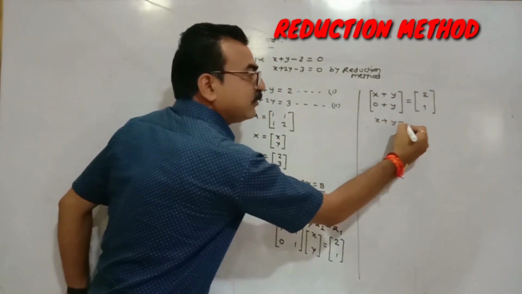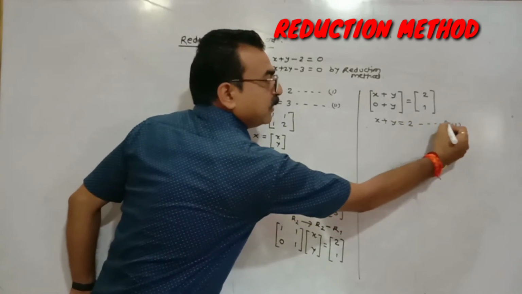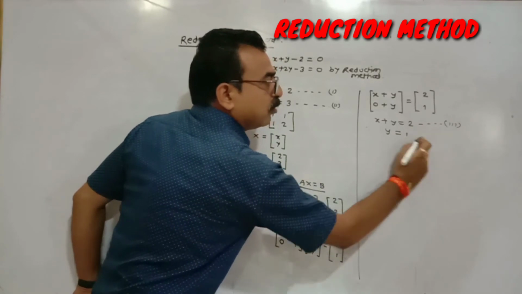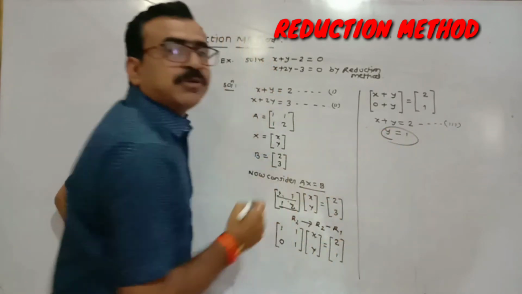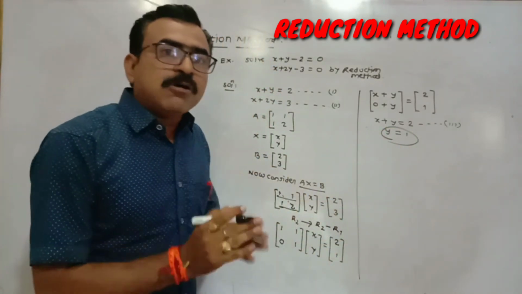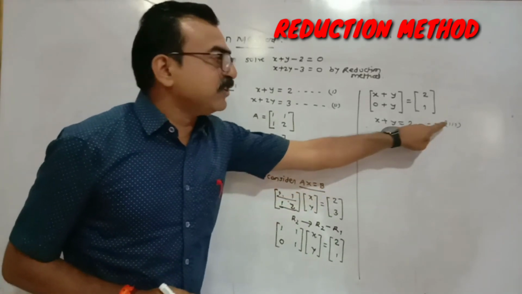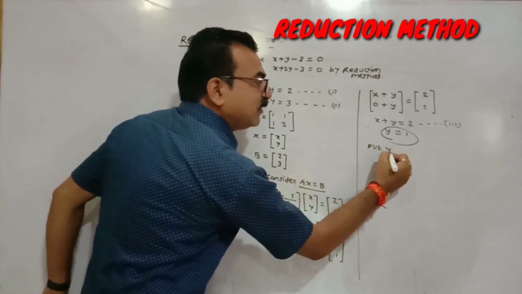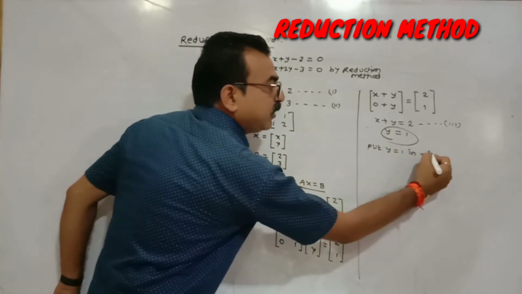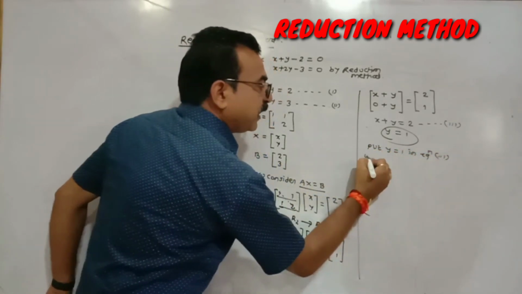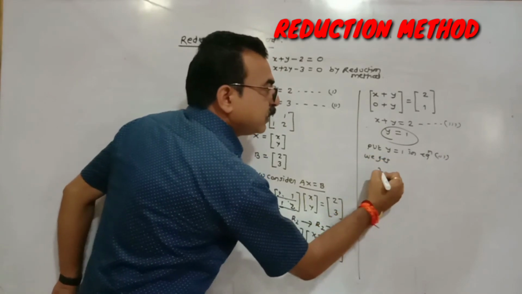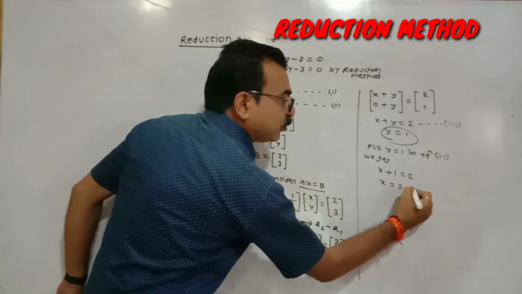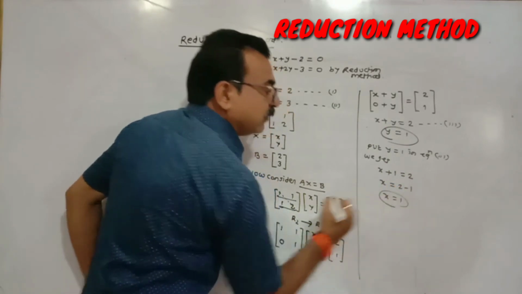X plus Y is equal to 2. Number it by 3. 0 plus Y means Y is equal to 1. Okay. So in this way you get the value of Y. Now put this value of Y in equation 3, you get the value of X. So write down, put Y is equal to 1 in equation 3. We get X plus Y means 1 is equal to 2. So X equal to 2 minus 1 means X equal to 1.